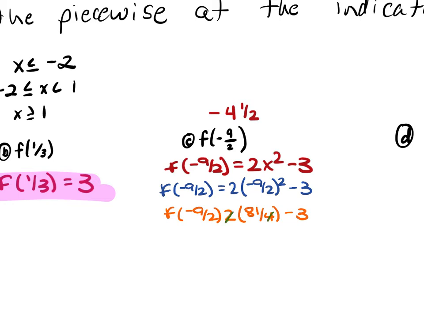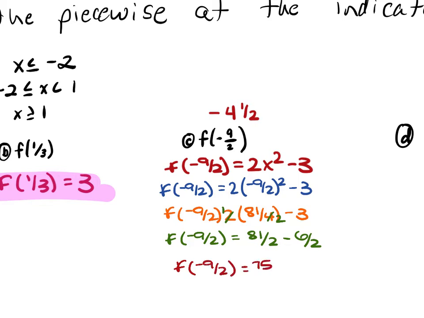The 2 times 81/4 gives us 81/2, minus 3, which is the same thing as 6/2. So that 81 minus 6, keep it over 2, is going to give us f of -9/2 is equal to 75/2. And you can leave it as 75/2. You do not need to turn it into a mixed number.